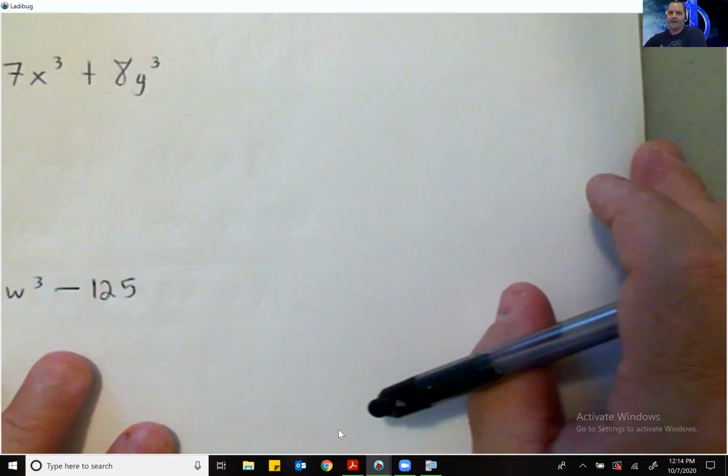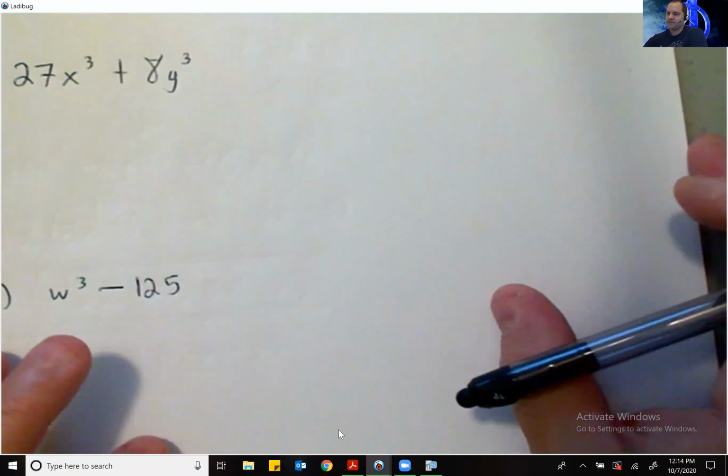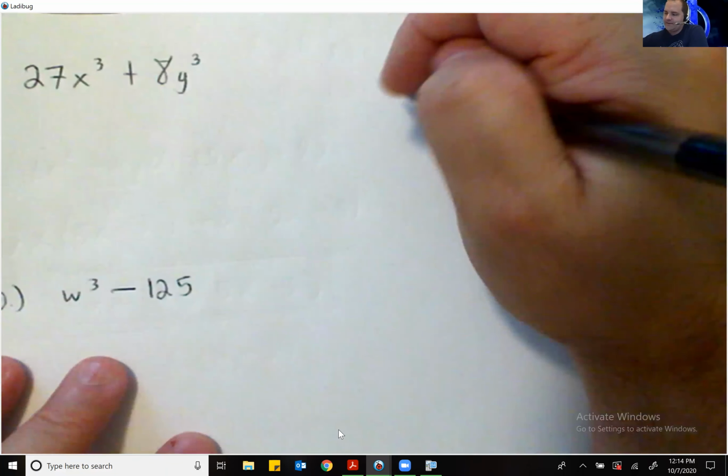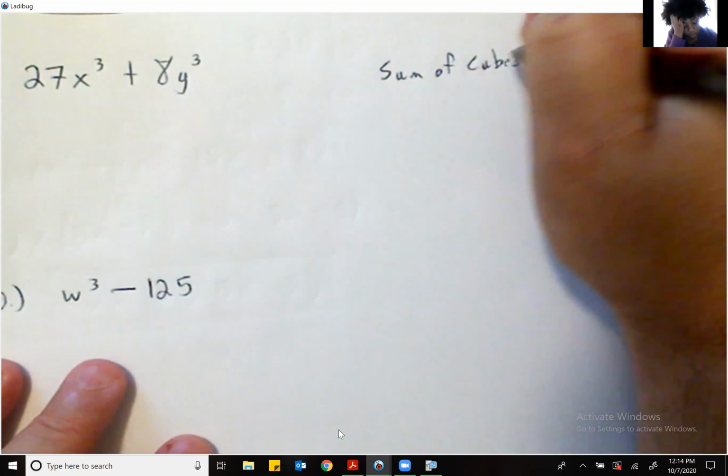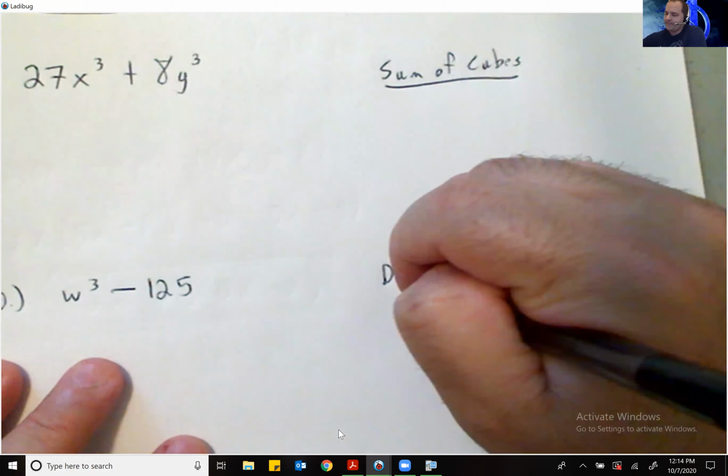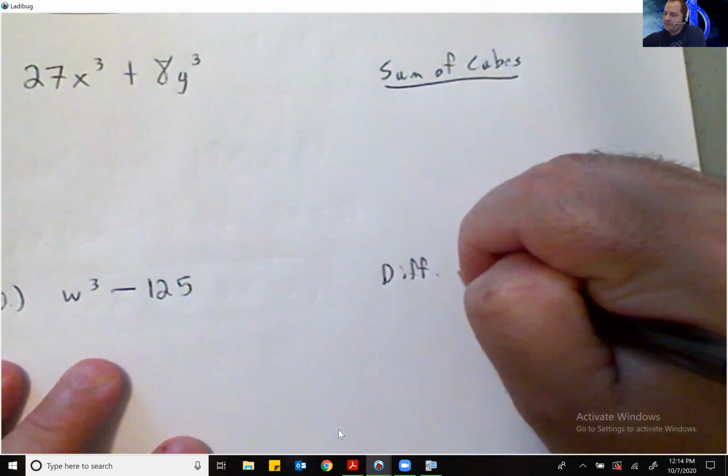So remember with cubics, there are 2 formulas. There's what we call the sum of cubes and the difference of cubes.